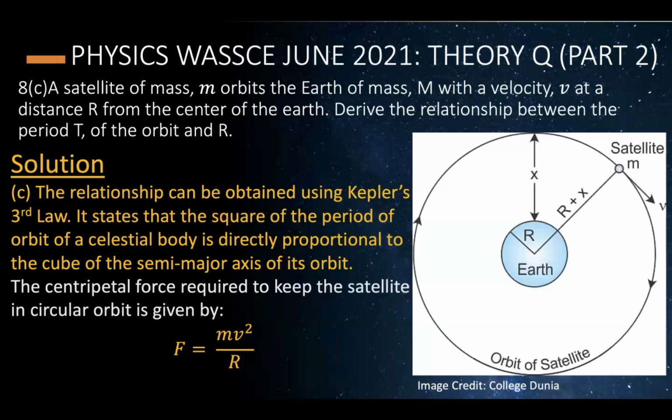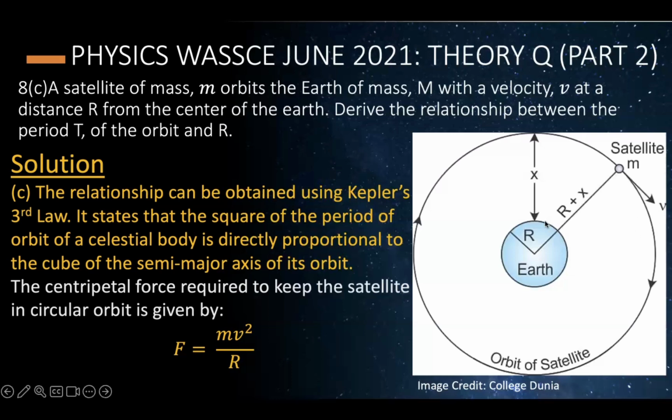Then for you to be able to launch a satellite into space and let the satellite orbit the Earth, that means you have traveled a certain distance away from the Earth, and that is best described by the X here.